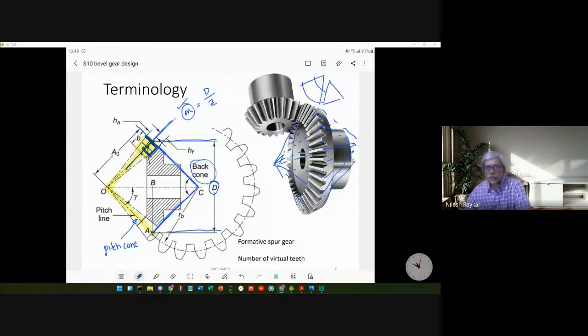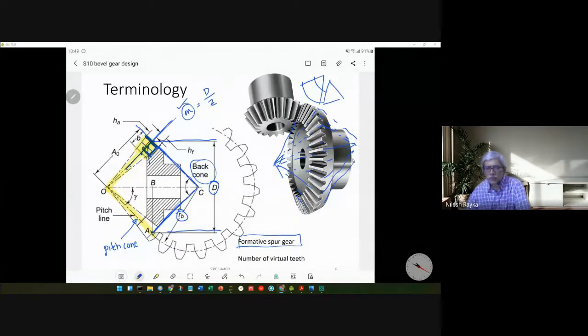So we use that profile, which we obtain when we develop the back cone of the gear, as the virtual gear or formative gear. So the formative spur gear has a radius which is equal to the slant height of the back cone.